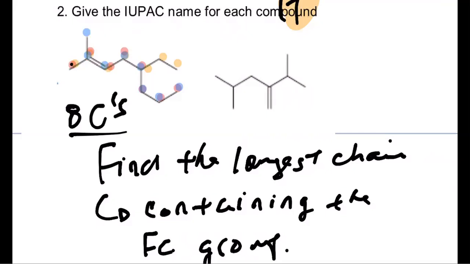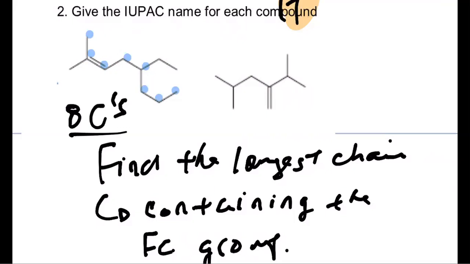So I'm going to erase all these highlighted. I like the blue, so I'm gonna come back with that. So hold up. It's not a radical. 1, 2, 3, 4, 5, 6, 7, 8. All right, so we got our longest chain is 8. What's the parent going to be?